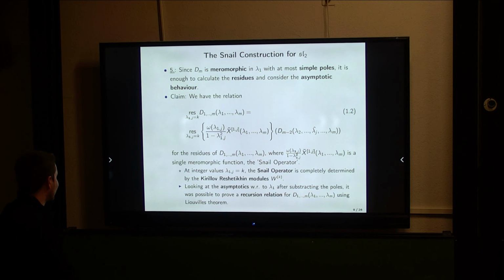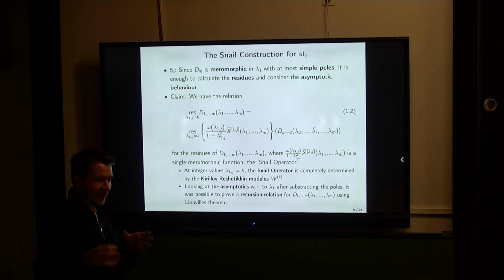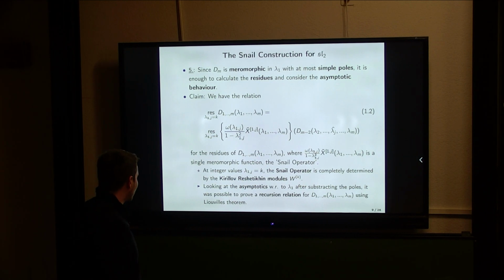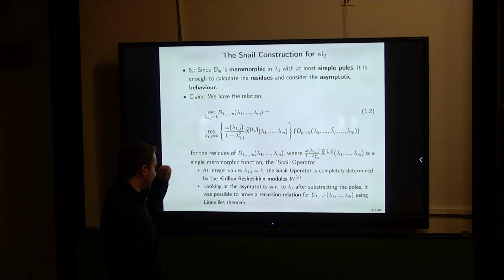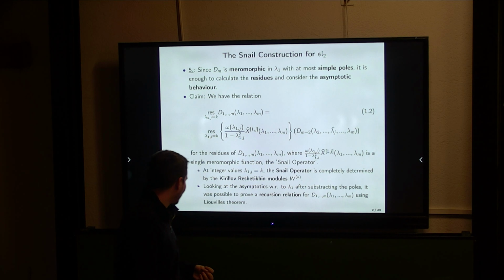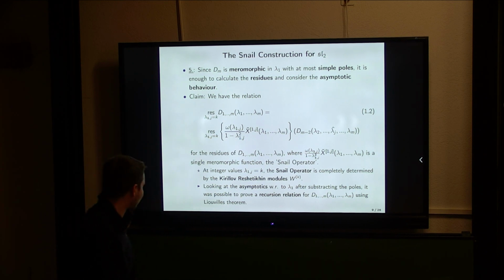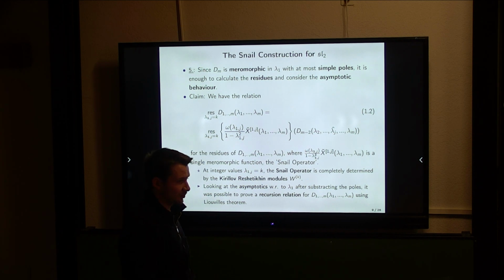This is a little bit technical, but what is written here is that the residue of dm can be written in terms of some operator times dm minus 2. This operator is what I call the snail operator. And this snail operator is really the thing containing the single meromorphic function in the parameters.